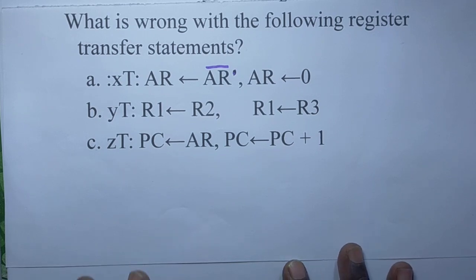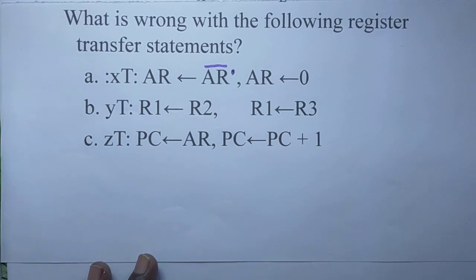This is one kind of identification: whether a particular category of instructions or statements is wrong or will work. That is the kind of test we will do.